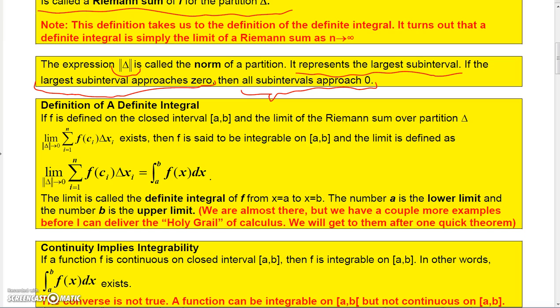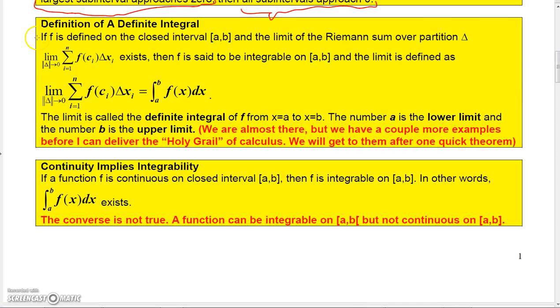So from this and what we previously discussed, we can now define a definite integral. If f is defined on the closed interval from a to b, and the limit of the Riemann sum over a partition delta exists, then f is said to be integrable on the interval from a to b, and the limit is defined as the limit of the Riemann sum as that norm goes to 0.